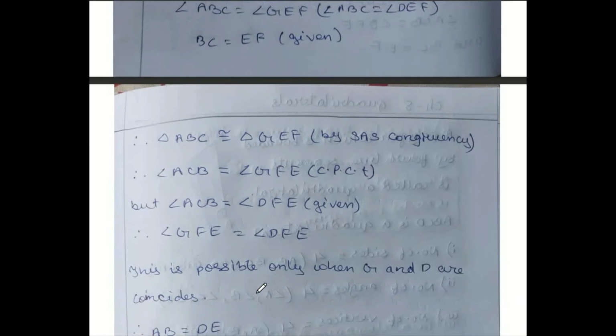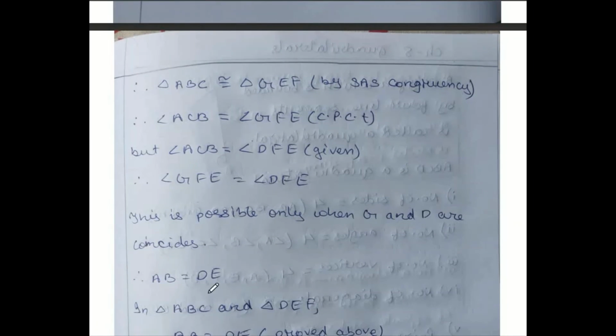Again, in the question itself, in the given data, we have angle ACB equal to angle DFE. This is given. So if we compare these two, the left sides are matching, so the right side will also match. That is, angle GFE and angle DFE are the same. As I told you, this is possible only when G and D coincide. That is, AB and DE are equal.